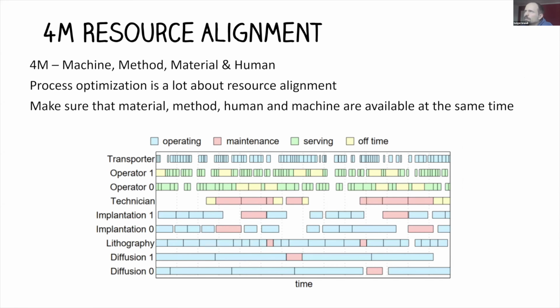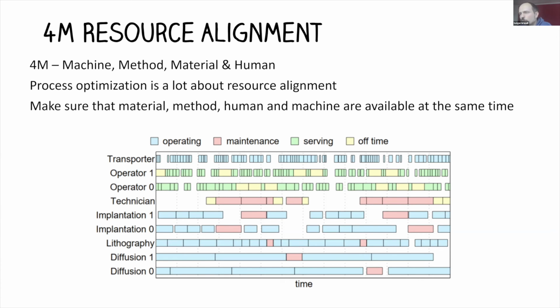So what optimization in process optimization is always about is resource alignment. That's one of the key elements here, because we have different resources in any complex business process relating to man, material, methods, and for sure also the human factor. We need to make sure that different resources are available in the same time frame, so that they can interact in order to achieve a certain goal.